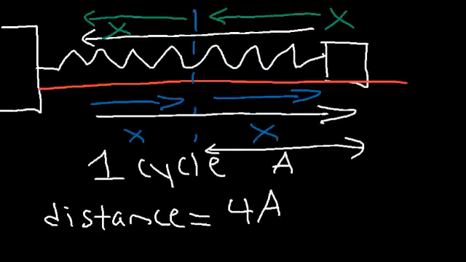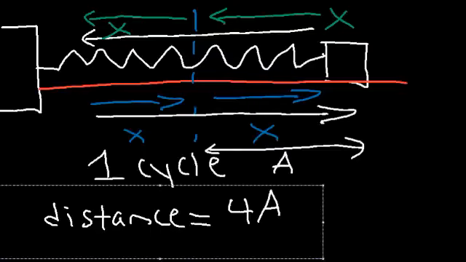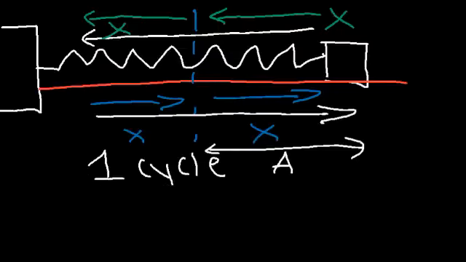Now what about the period and the frequency? The period is the time it takes to complete one cycle. The period, which is represented by capital T, is the time divided by the number of cycles.